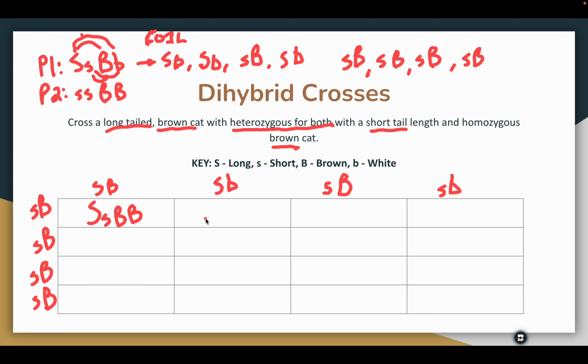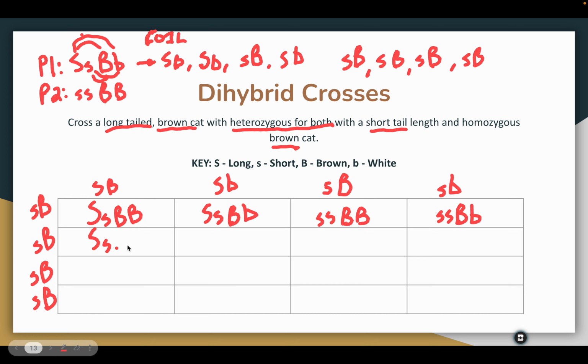What I would like you to do right now is pause the video and try to come up with all of the rest of these squares. I'm going to give you a second to do that, and then I'm going to go ahead and fill in the rest. So again, I'm going to have a heterozygous here. So hopefully this is starting to come together for you.